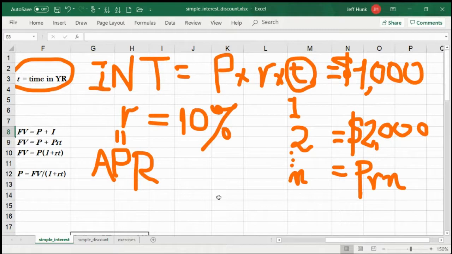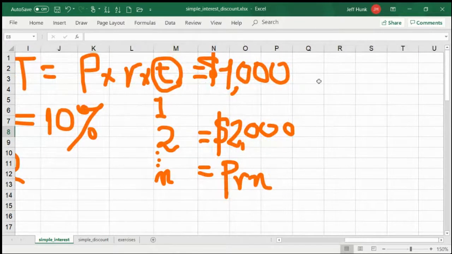Okay? 1 year later, you will have how much in your bank account? You'll have $11,000 or 11K in your bank account, right? So that 11K is called future value. Okay, makes sense.